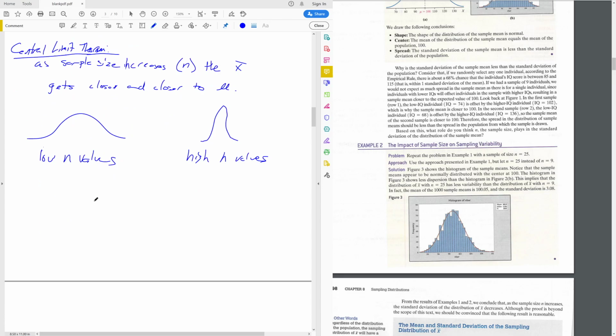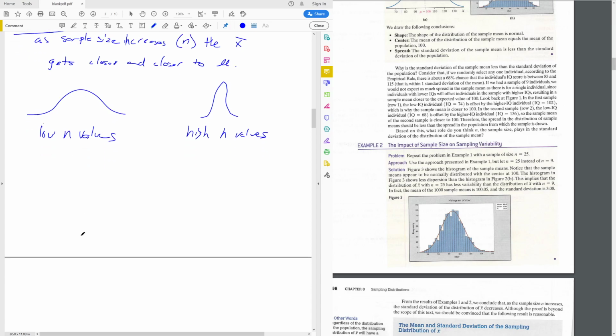I used the number 30 before. That is kind of like a standard value. If we don't know what the actual population distribution looks like or anything like that, 30 is kind of like a normal, typical number to choose for a sample distribution to become a normal distribution.